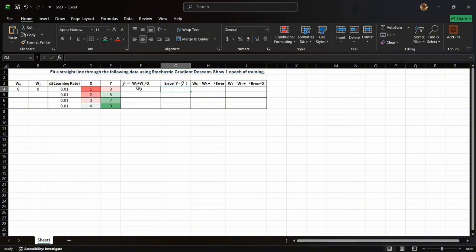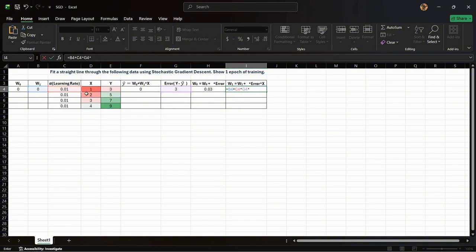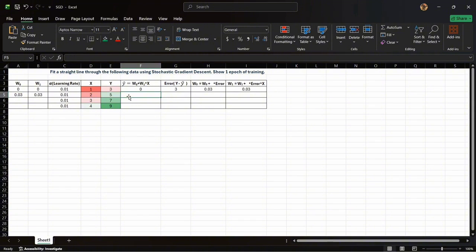Similarly, we then calculate the error by the actual value minus the predicted value, and then we update the weight w0 as w0 plus learning rate into error, and then we calculate w1 as w1 plus learning rate into error into x, and then we update the weights here, 0.03, 0.03. For the second iteration, we perform the same.